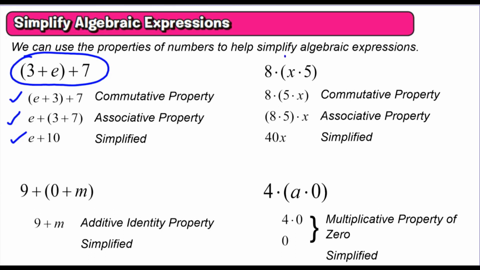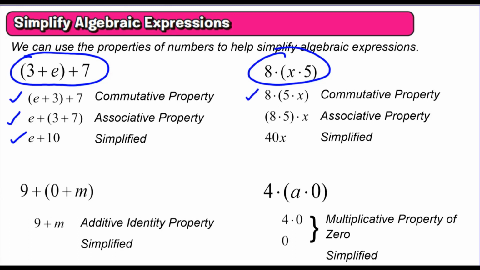Next example, very similar, but with multiplication. I have 8 times x plus 5. Well, the x plus 5 is in parentheses again. I cannot perform that operation because I don't know what x is. So I have to do a little bit of mathemagic here. I have to use my properties to rearrange these items so that I can perform the operations. So I use the commutative property again to rearrange the x and the 5 in that step right there.